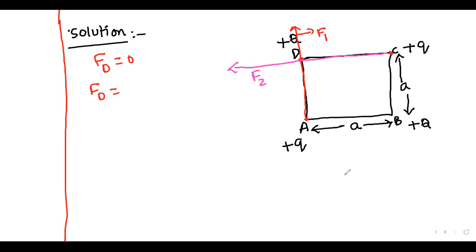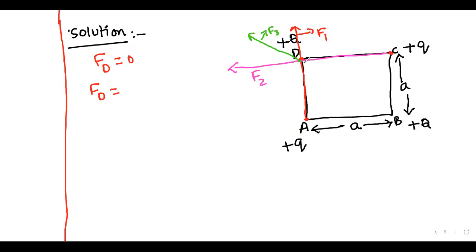The resultant of F1 and F2 gives F3. This is my F3.